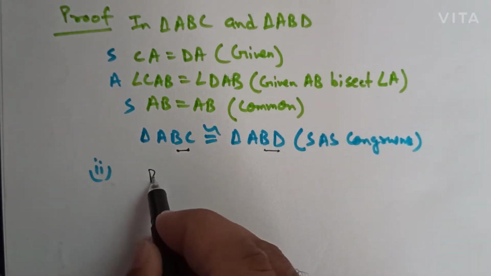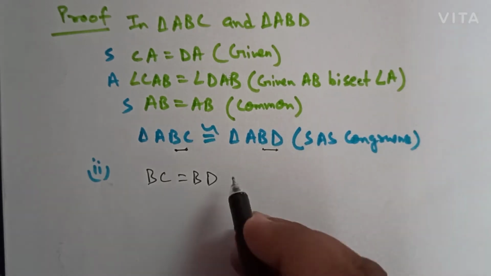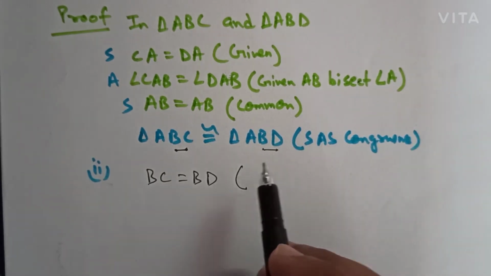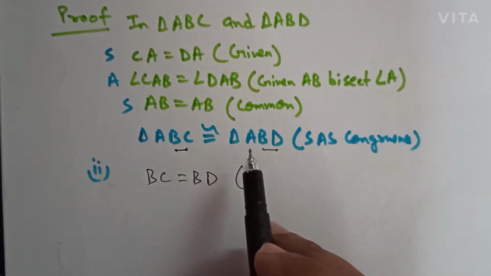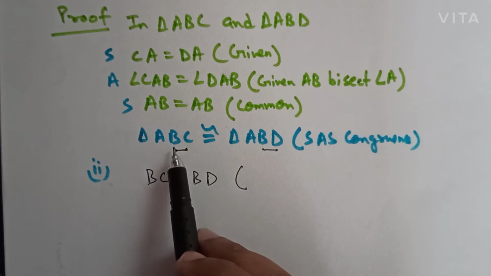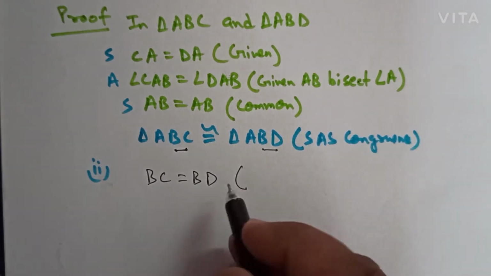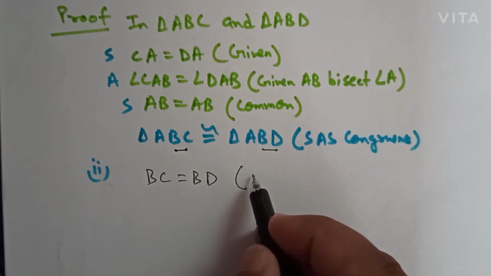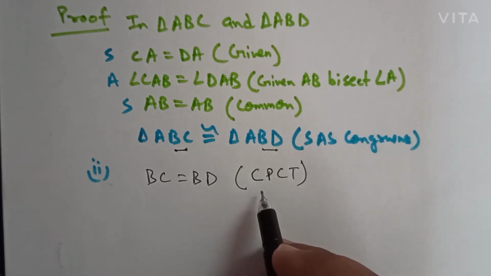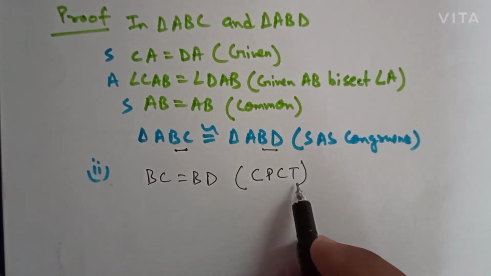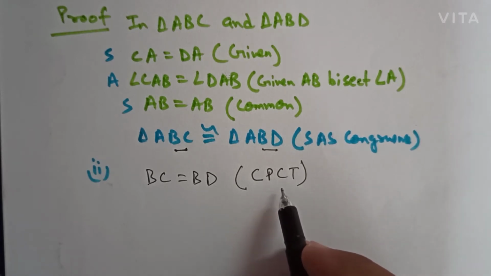So we can write BC equals to BD, that is reason will be what? The corresponding parts of the two congruent triangles are also congruent. Corresponding sides of the two congruent triangles are also congruent. So we will not write the complete statement, we will write in short CPCT. CPCT stands for corresponding parts of congruent triangles. Corresponding part can be a corresponding angle or it can be a corresponding side.